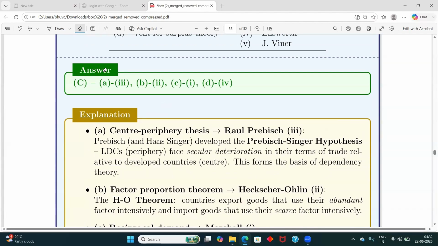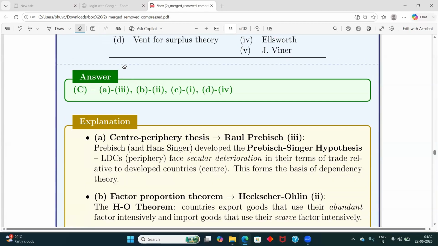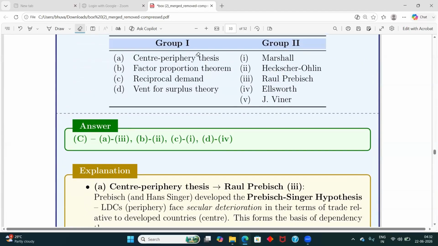Here the options are not shown, so you can match: center-periphery thesis with the third one, Prebisch, and factor proportion with Ohlin, reciprocal demand with Marshall, and vent for surplus with Ellsworth. Now moving to the next question.